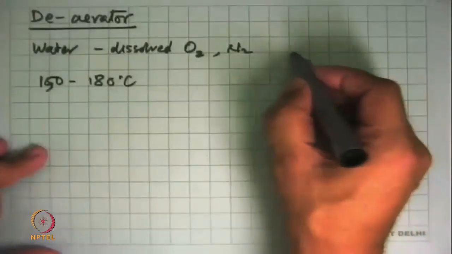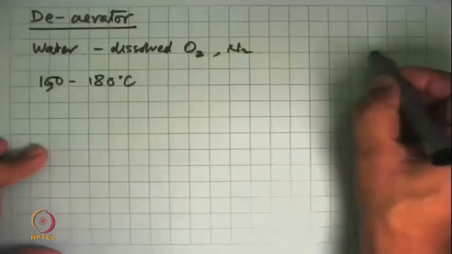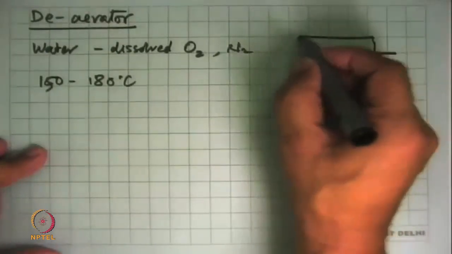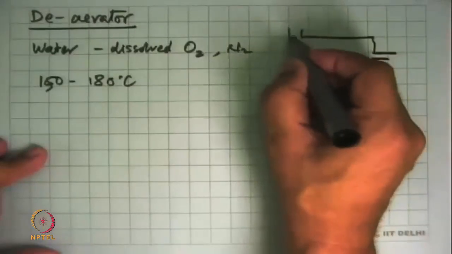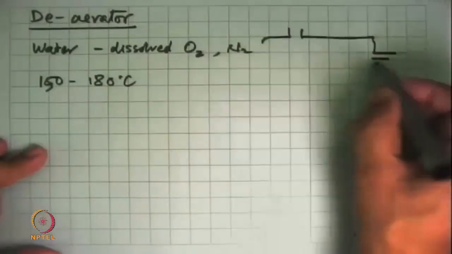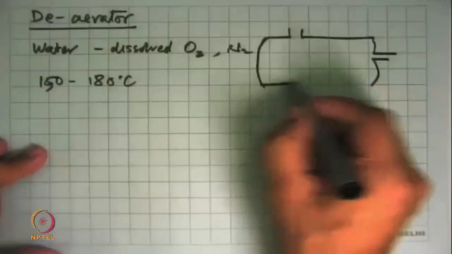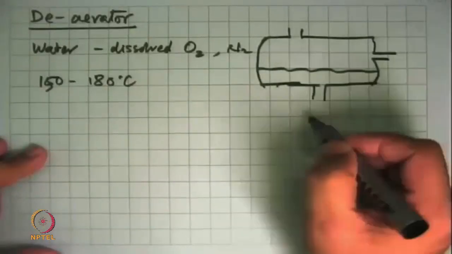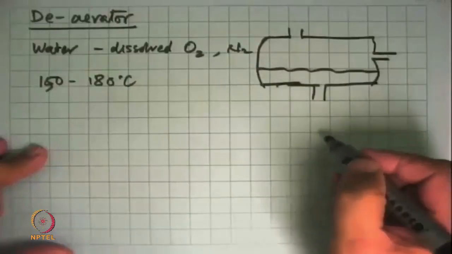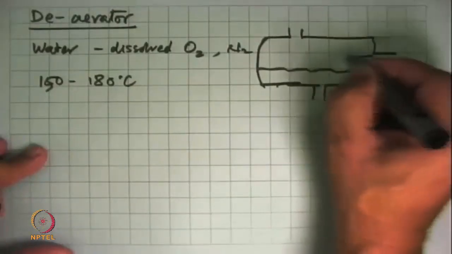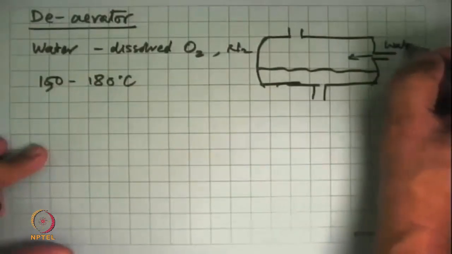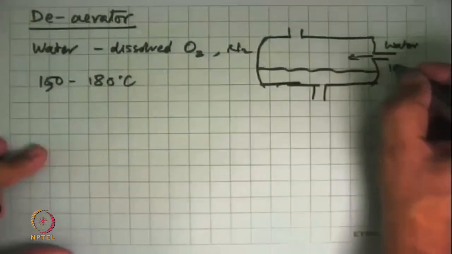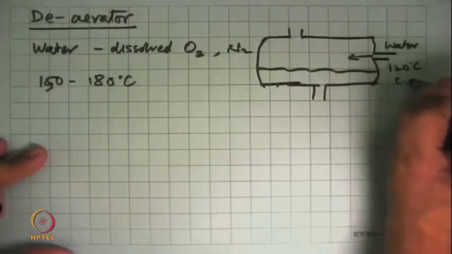So what we have done is put water into a tank, into which we also introduce steam, and this all mixes and collects inside the tank or in an adjacent vessel below. Water is coming there, and this could be water at about 120, 130, 140 degrees Celsius, compressed liquid.